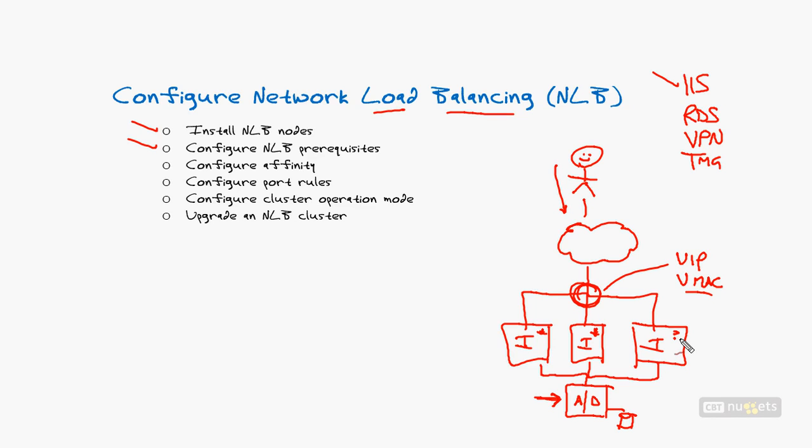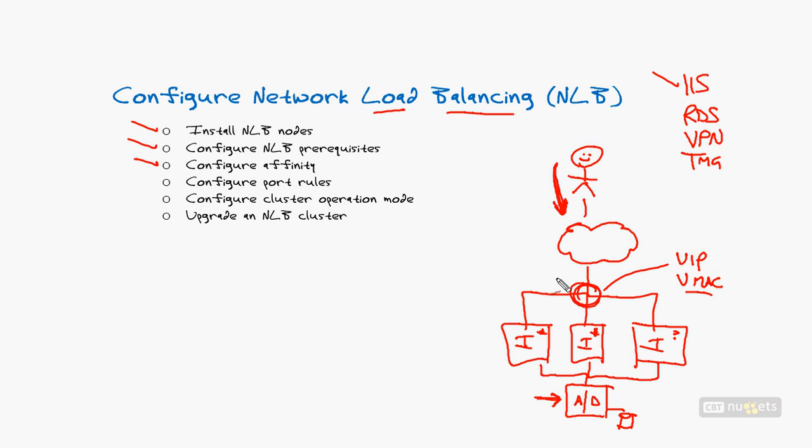When we also configure these NLB clusters, we have to define how we want the cluster to behave whenever incoming requests start coming in from multiple different users. Now, we have a lot of different options for doing that, one of which is determined through what is called affinity. Affinity is simply a configuration that we define across our NLB servers to say how sticky you want this user's requests to be each time the user makes a request for a new web page.